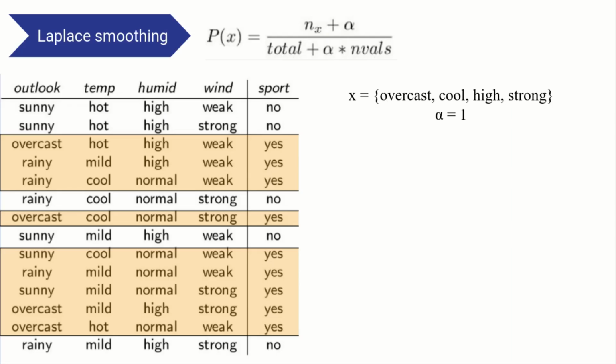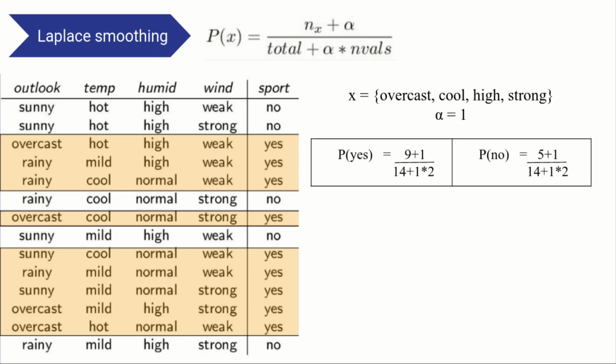So we want to predict if there is going to be sports practice today, given that the day has an overcast outlook, the temperature is cool, the humidity is high, and the wind is strong. We are setting our parameter alpha as 1. We have 9 out of 14 records classified as yes. So in our formula, we need to substitute n by 9.